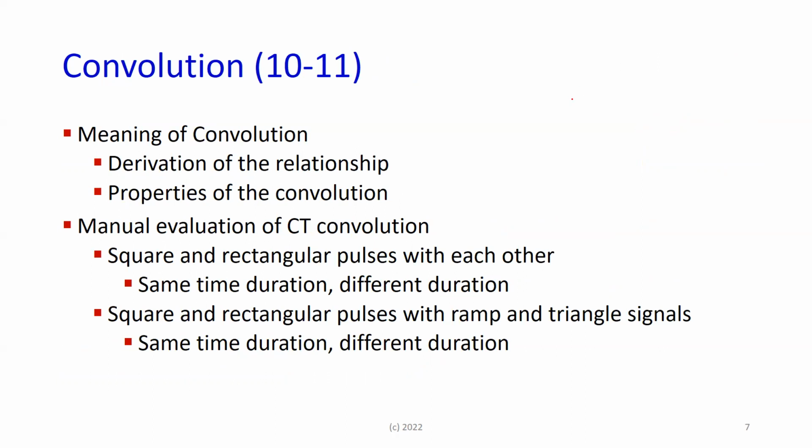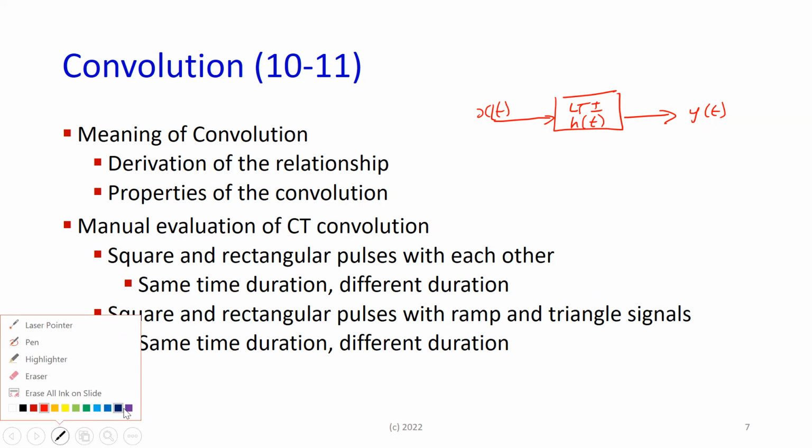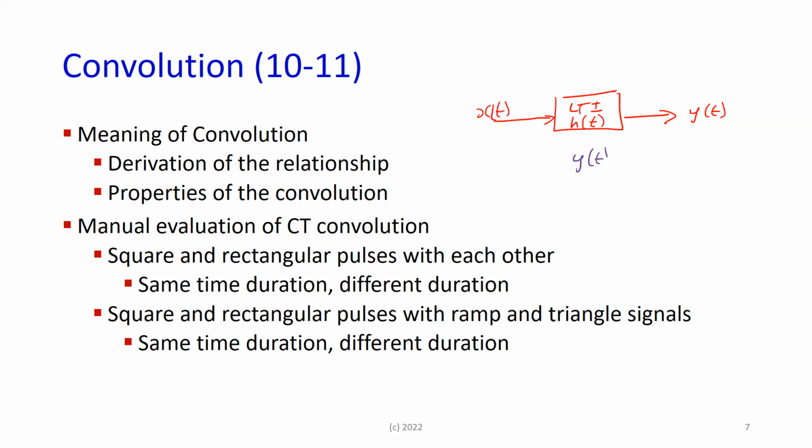What we saw is that for any LTI system whose transfer function in time is h, if I put a continuous time signal x(t) into it and get y(t) coming out, the relationship between y, x, and h is a convolution equation in time: y(t) equals x(t) convolved with h(t).